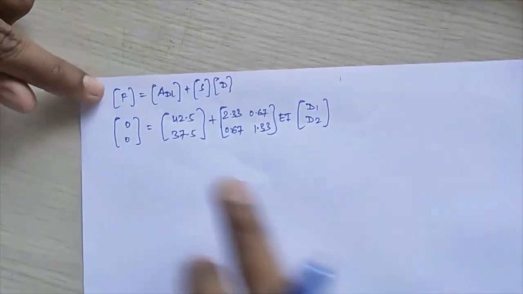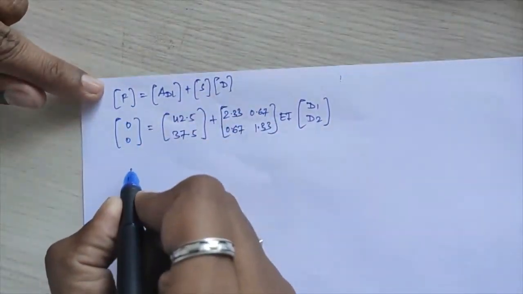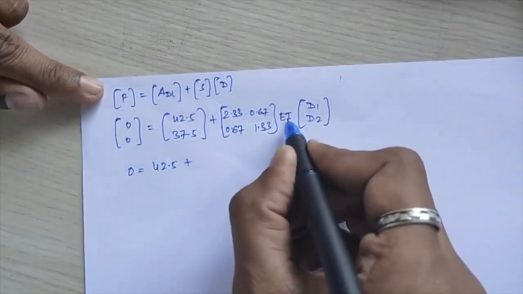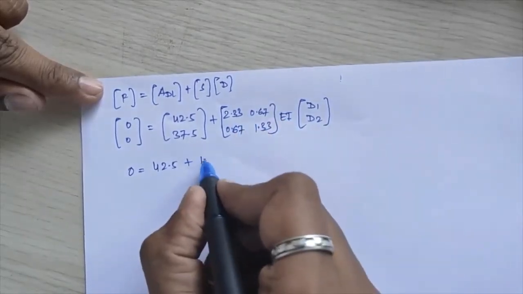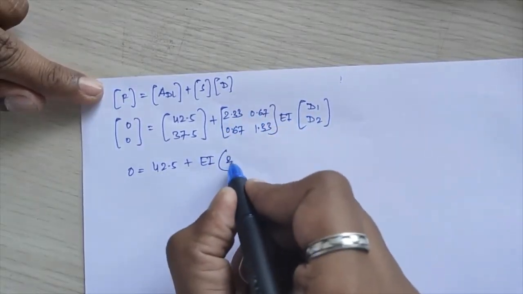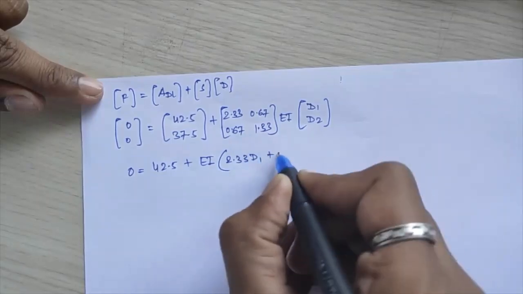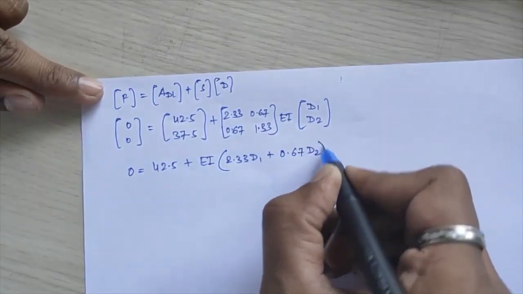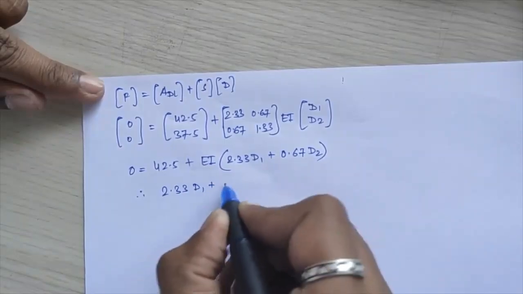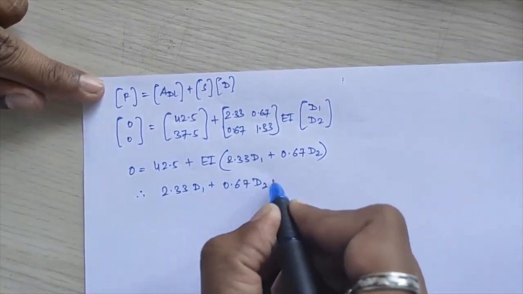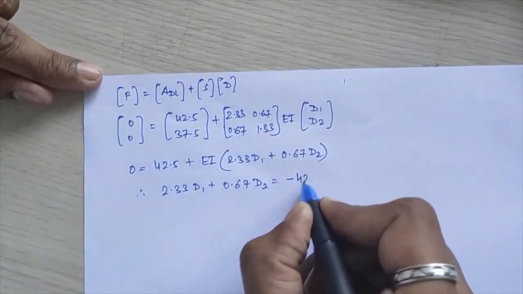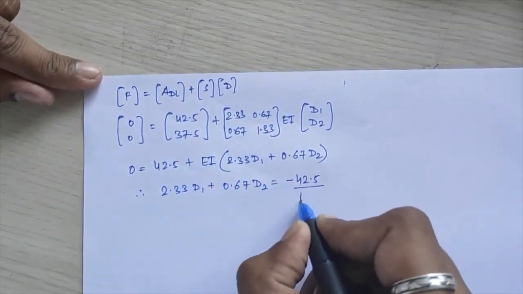So what I'll get for the first equation: 0 is equal to 42.5 plus EI, taking EI common, multiplied by row times column, 2.33 of D1 plus 0.67 of D2. If you simplify this, 2.33 of D1 plus 0.67 of D2 is equal to, after going to the LHS, negative 42.5, and this EI gets divided.